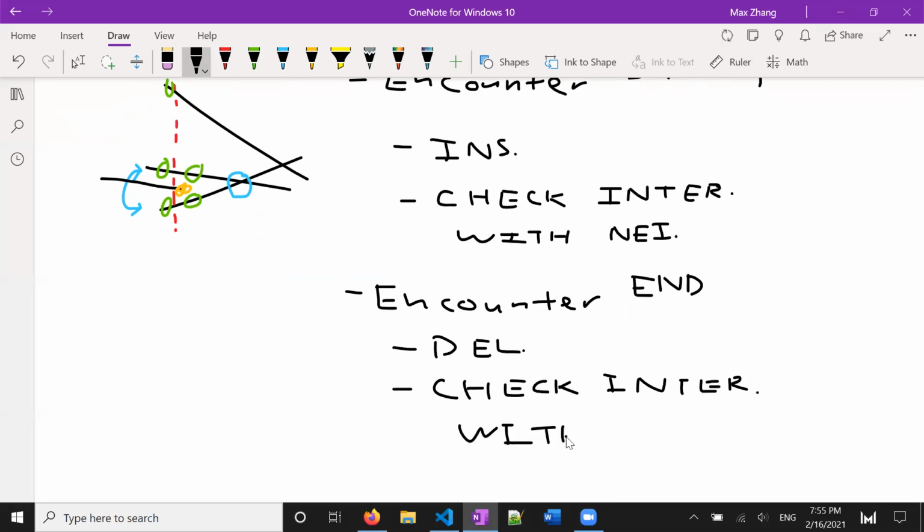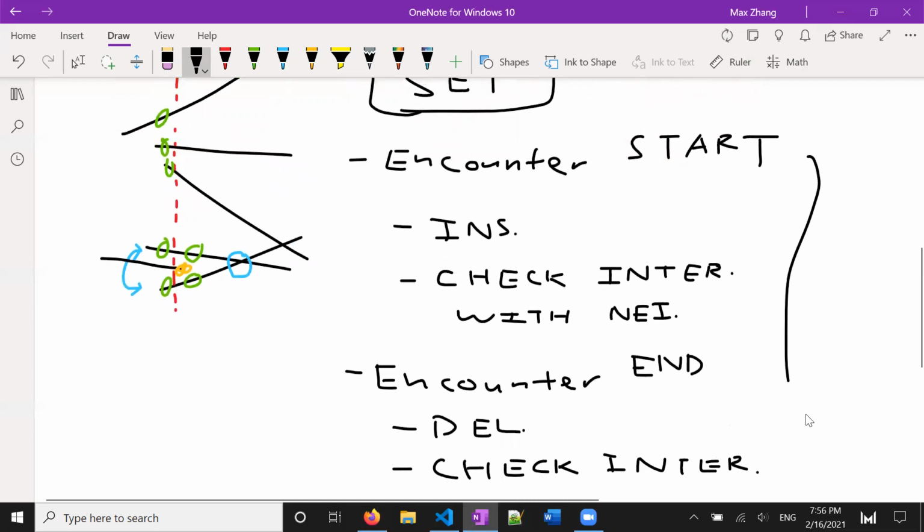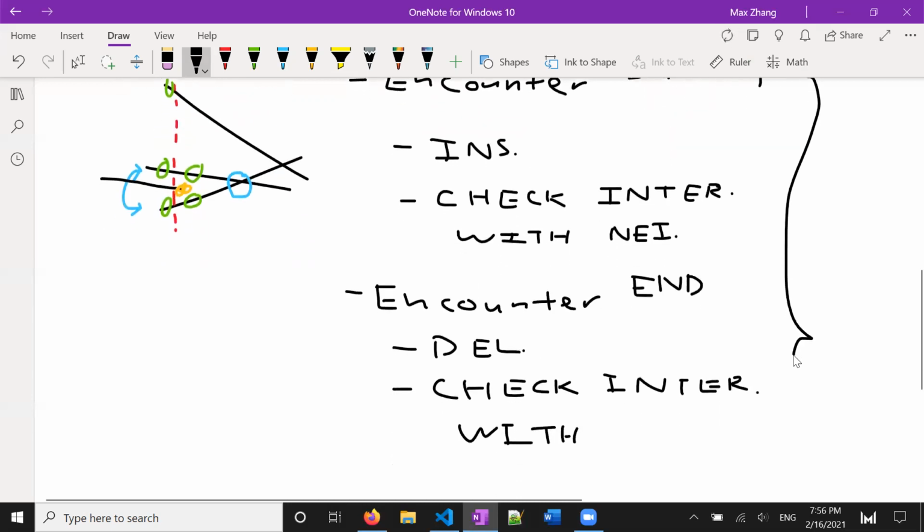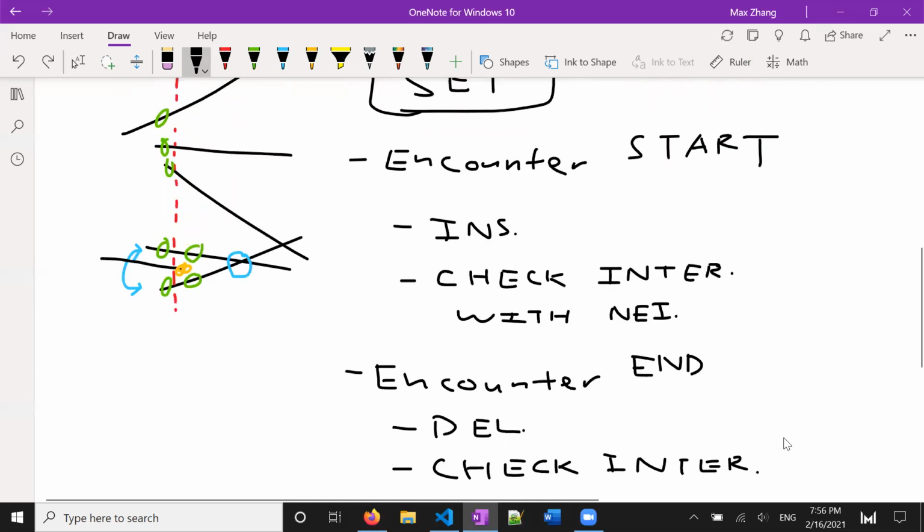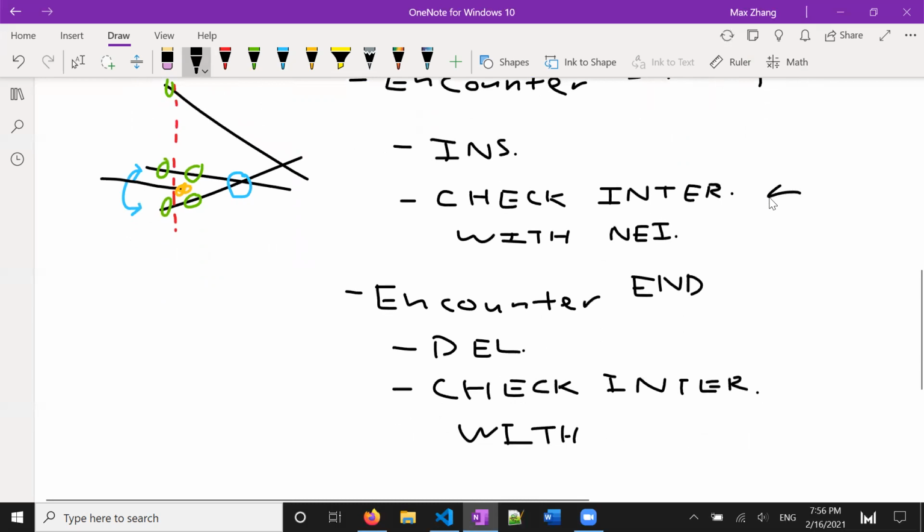And if you want to think harder about this for a second, think about why this is sufficient. There exists no other line segment intersection that isn't counted by one of these two checks, either here or there.